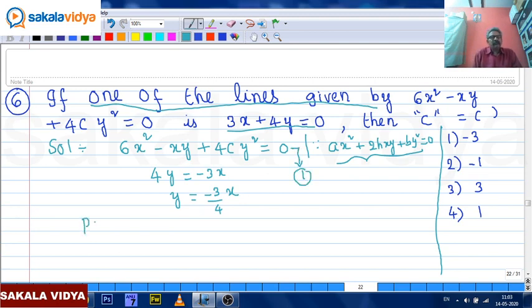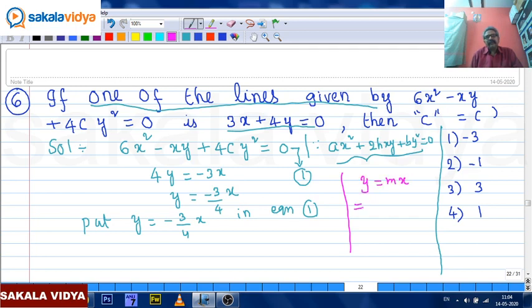Now put y equal to minus 3 by 4x in equation 1, because that is one of the lines, it must satisfy. I will tell you one shortcut. When you want to substitute y is equal to mx, put x equal to 1 and y equal to m. So put x equal to 1, y equal to minus 3 by 4.